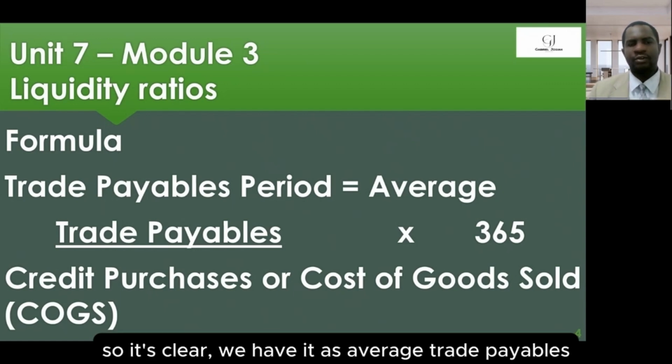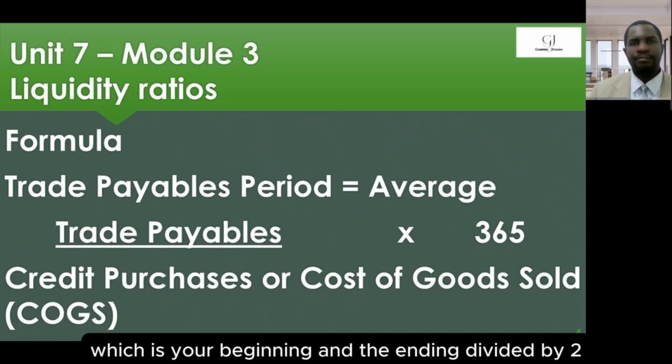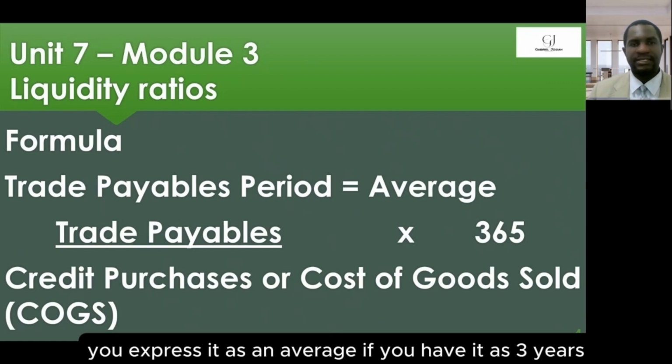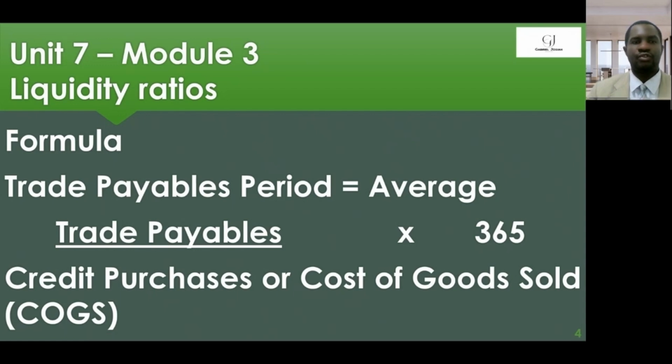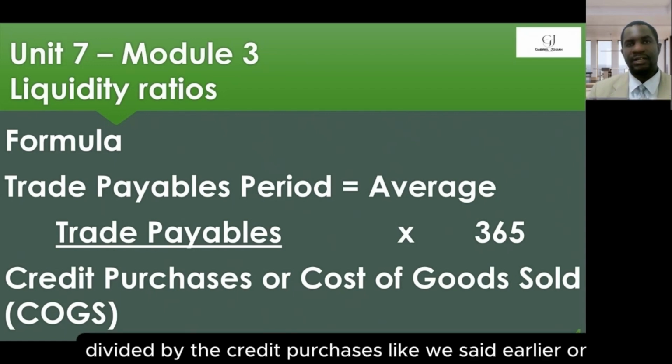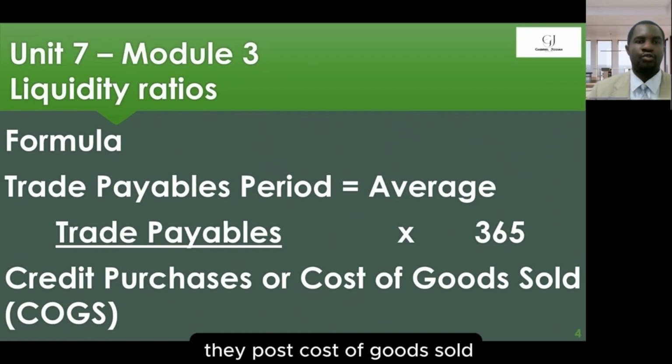The average trade payables is your beginning and ending, divided by 2. If you have 3 years, you divide by 3, picking the 3 trade payables, divided by the credit purchases, like we said earlier, or the cost of goods.